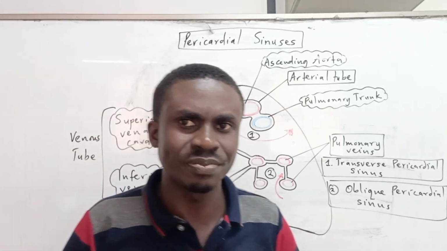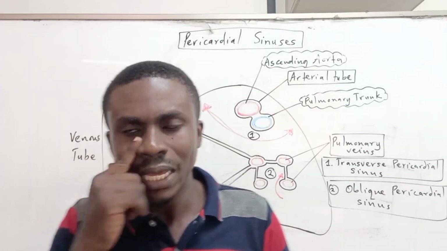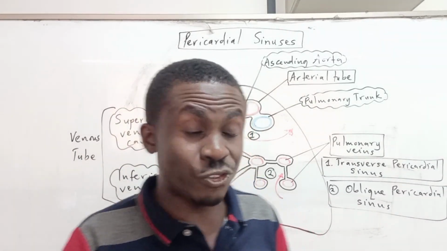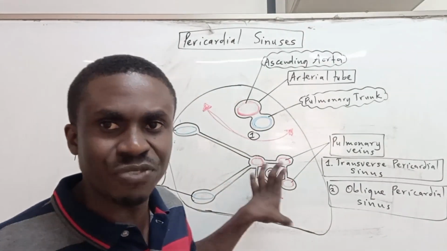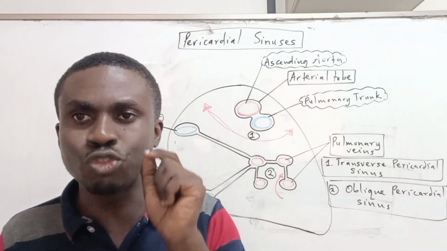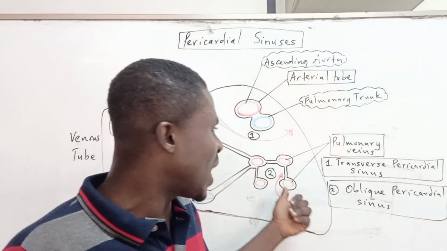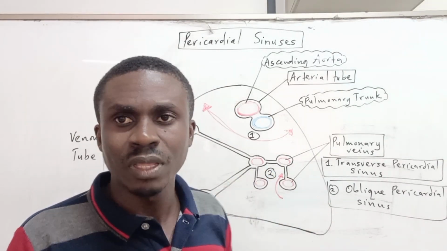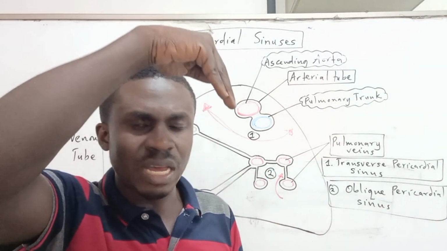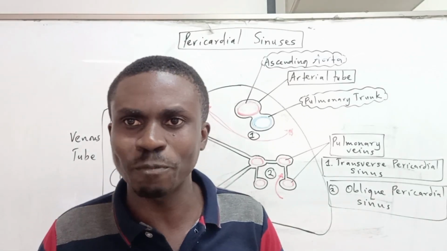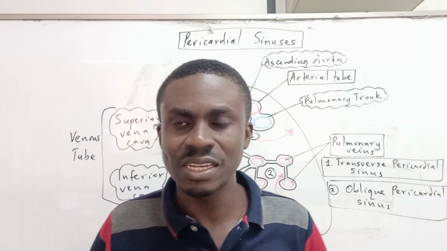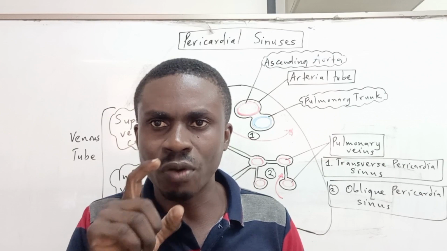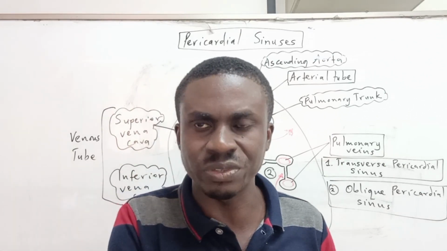And why is it so? Another reason is that, related to the posterior aspect of this left atrium as a chamber, we don't only find these pulmonary veins over there, we also have the descending thoracic aorta. And apart from that, we also have some portion of the thoracic part of the esophagus.